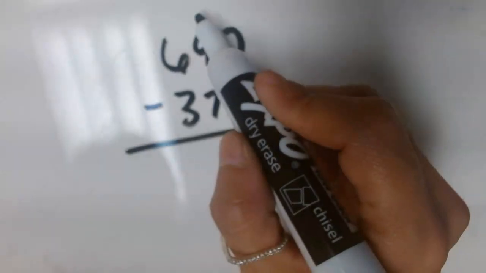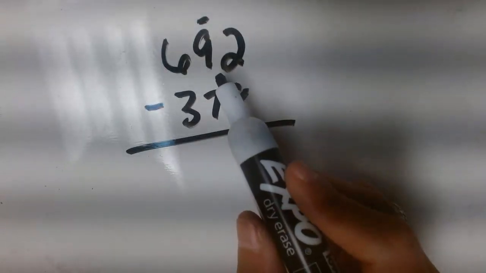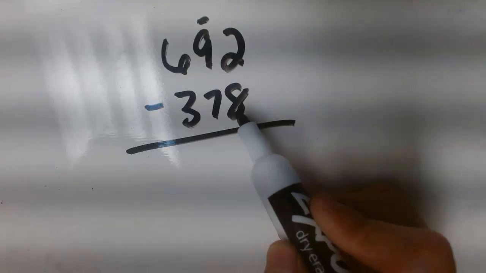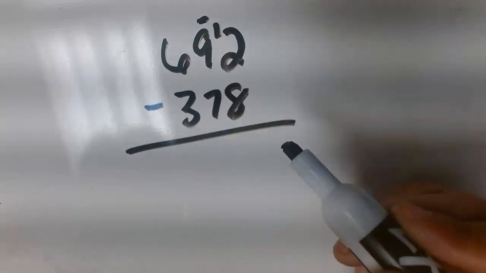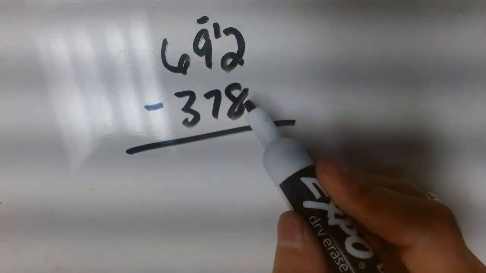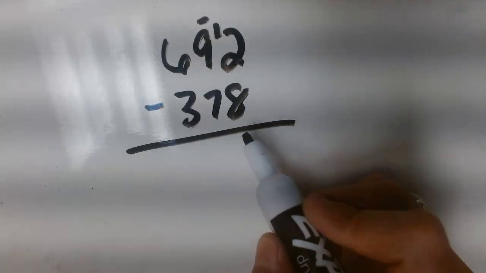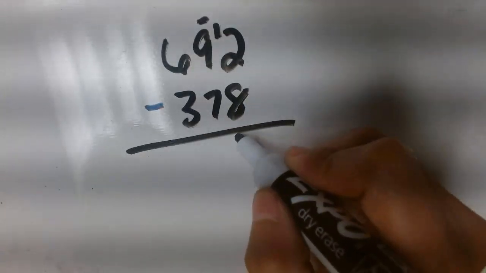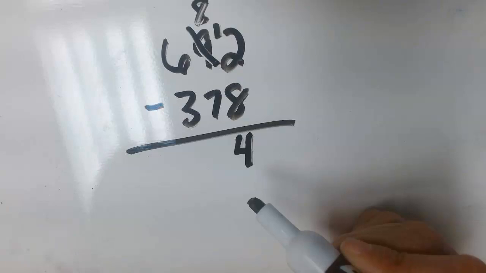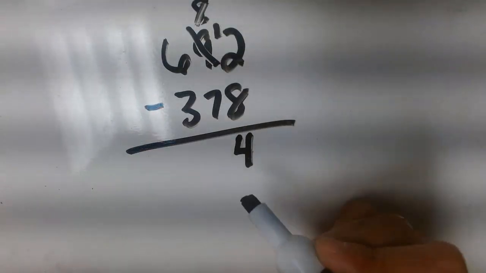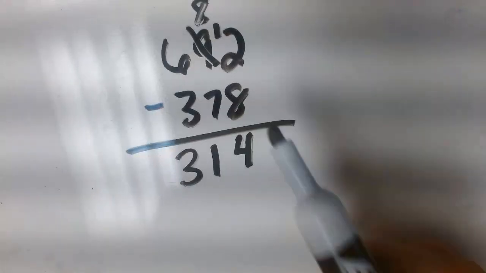We're going to borrow from the 9, which is in the tens place, and we carry over that 1. So this would become 12. Now 12 minus 8 would be 4. We borrowed 1 from here, so that makes that an 8. Now 8 minus 7 is a 1. 6 minus 3 is a 3. And that's how you borrow.